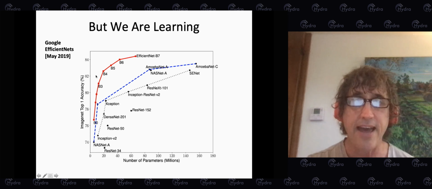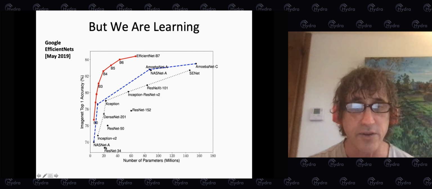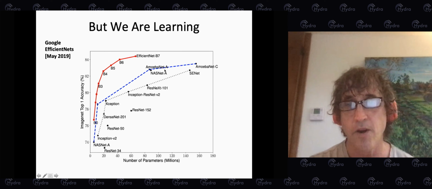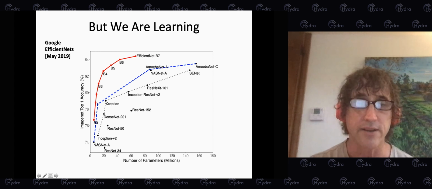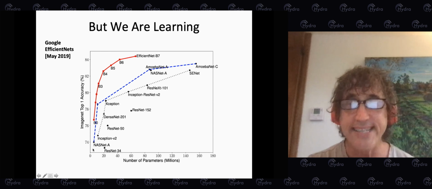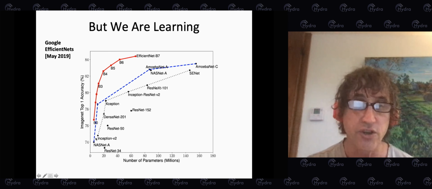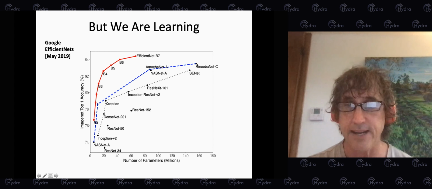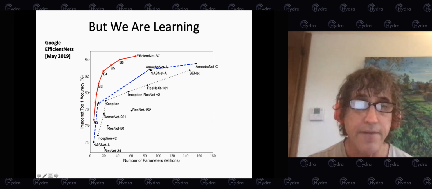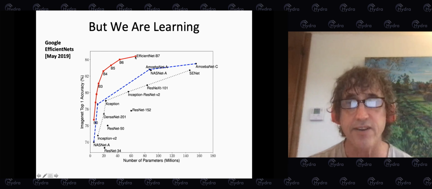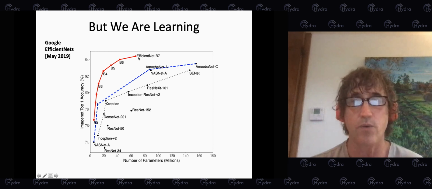Here are all the famous neural networks that we are used to, from ResNets to ResNeXt to Inception to AmoebaNet and so on. You can see that the best these networks manage to do is this blue line. And here we have EfficientNets, these new networks that achieve really high accuracy when they're very small, and stay very small to achieve accuracy that is better than what we had before.